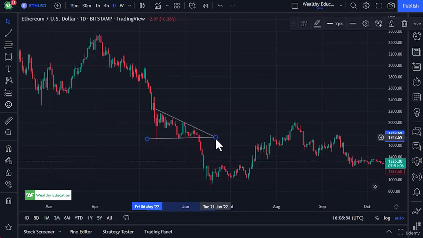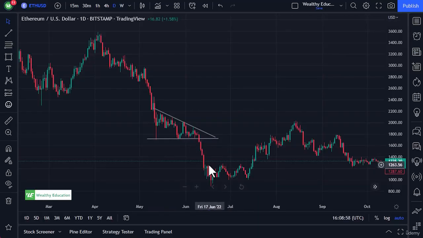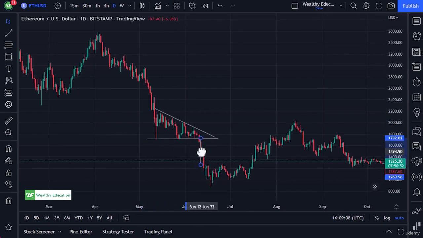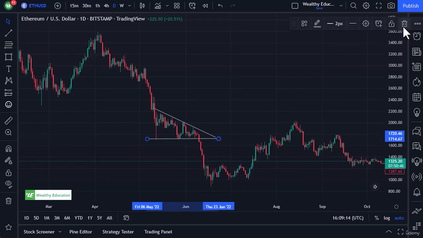You know, the buyers, the support for Ethereum is right around here. And once we break down, well, that tells you the directionality. But with this pattern, and a lot of patterns, not all patterns, you take the top of the triangle and you measure down, and that's where you expect the market to go. And it did. What you'll find is a lot of times it'll overshoot, but that's your measured move once you break out of that triangle.